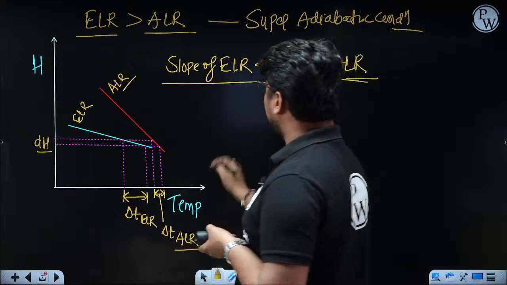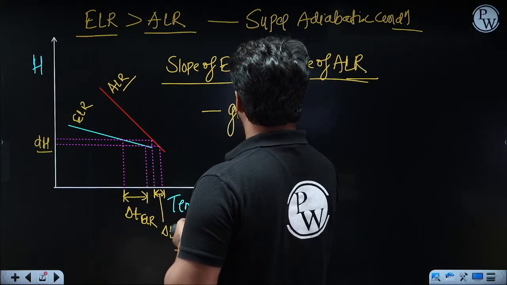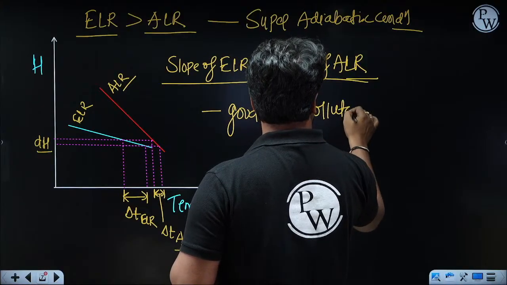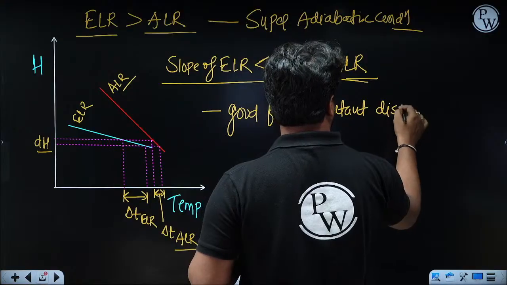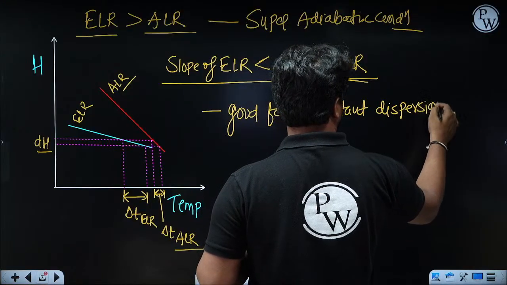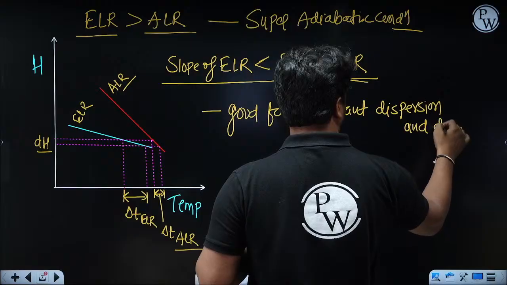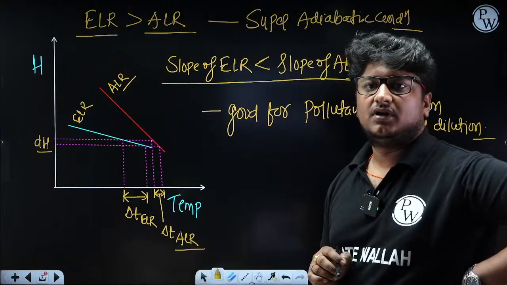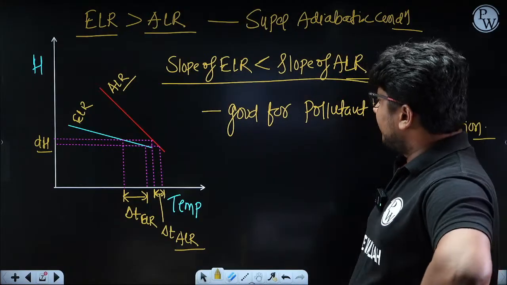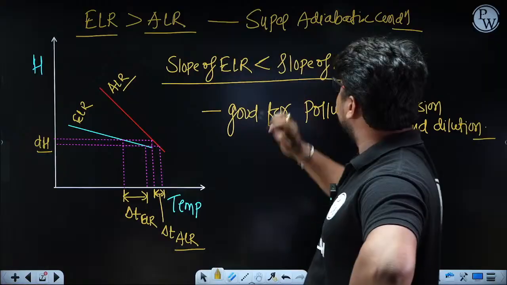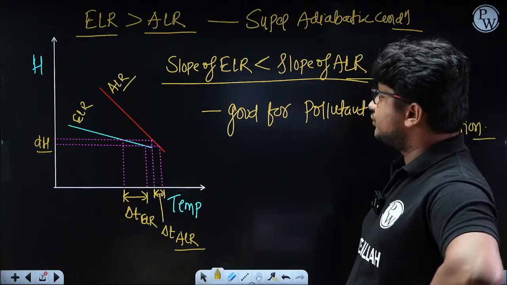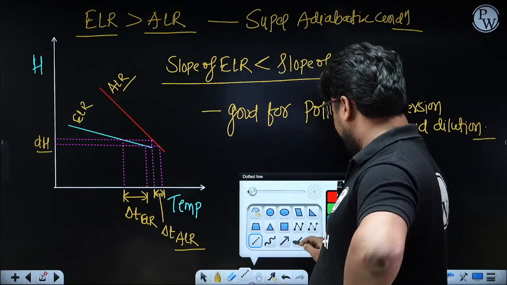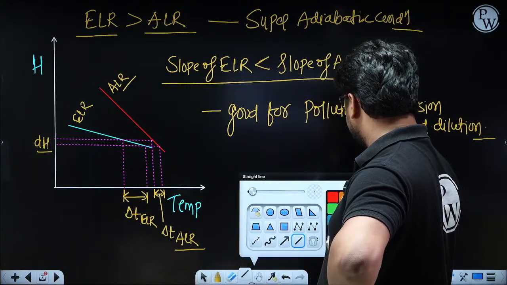This case is good for pollutant dispersion and dilution. Clear to this point? So this case we are calling super adiabatic condition. Now in the same diagram I'm doing it for other cases also.